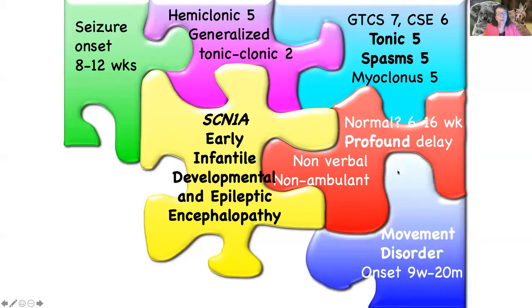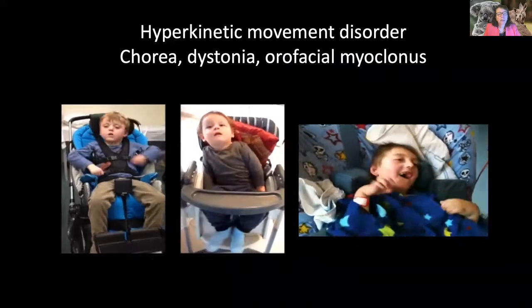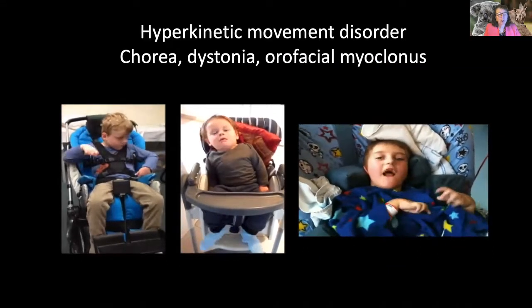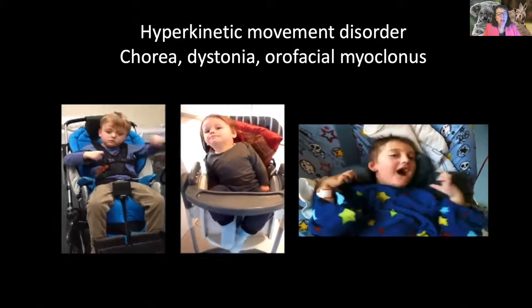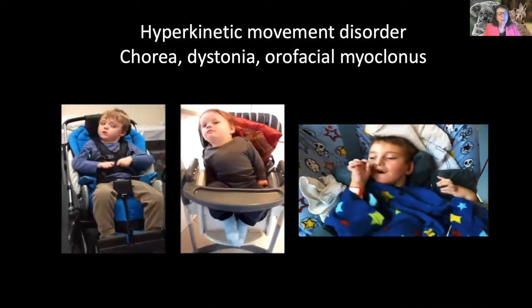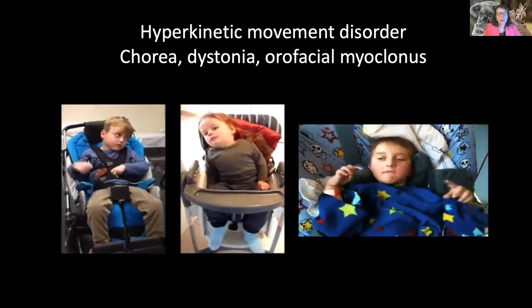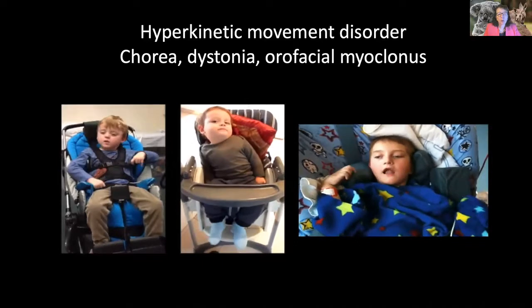The other important point about these children is that they have a movement disorder which begins at 9 weeks to 20 months of age. And here you see 3 unrelated boys with the same mutation, with this dyskinetic, hyperkinetic movement disorder, which means moving all the time, with those little jerky movements of chorea, and the odd posturing of their hands is called dystonia.